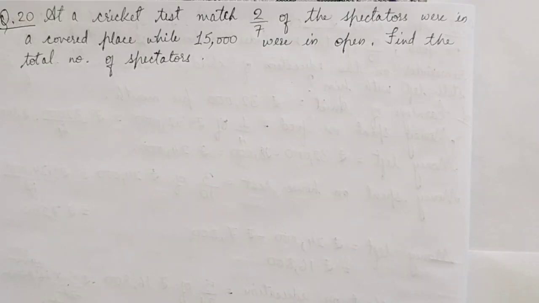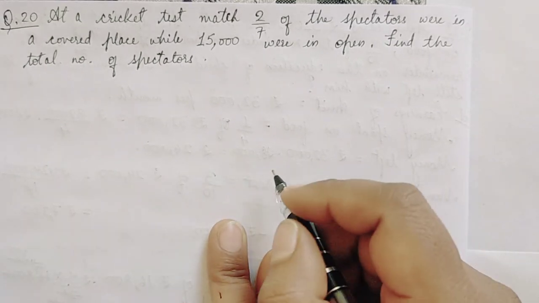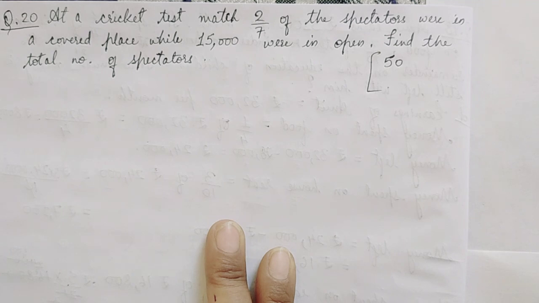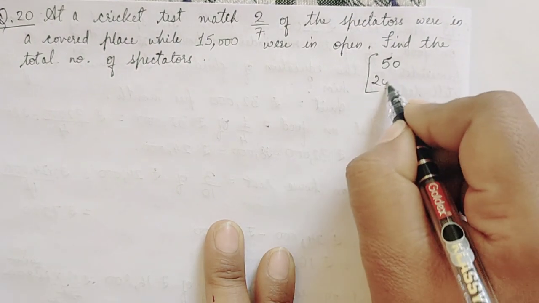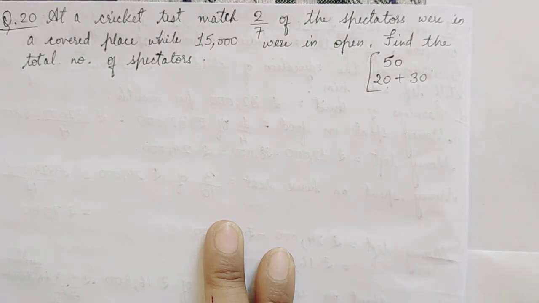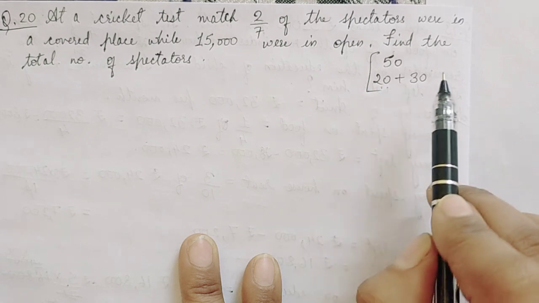Question number 20. At a cricket test match, 2/7 of the spectators were in a covered place while 15,000 were in the open. Find the total number of spectators. We can understand this by an easier example. Suppose in a class there are 50 students, 20 standing outside and 30 sitting inside.